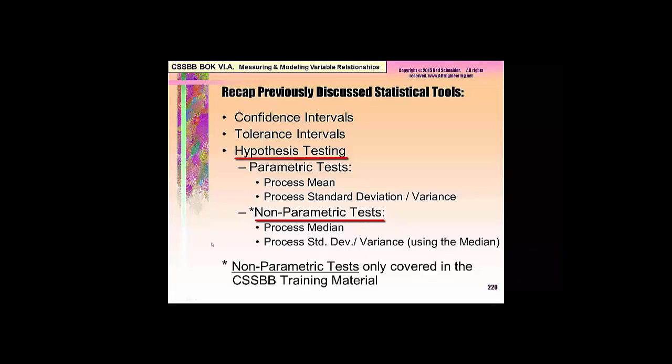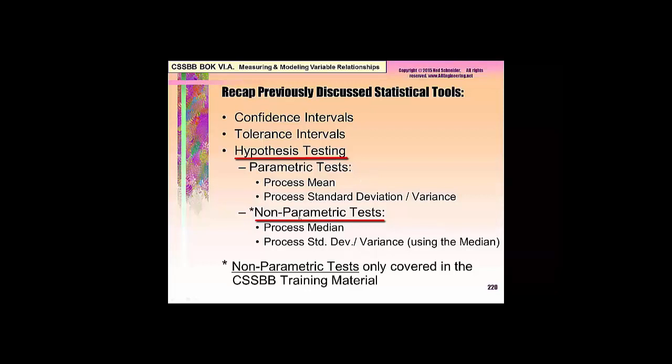For the students taking the Six Sigma Black Belt refresher course, we also discussed non-parametric tests, and these are tests we use when the data don't come from a normal distribution. That is an assumption for the parametric tests to be valid, that the data do come from a normal distribution.